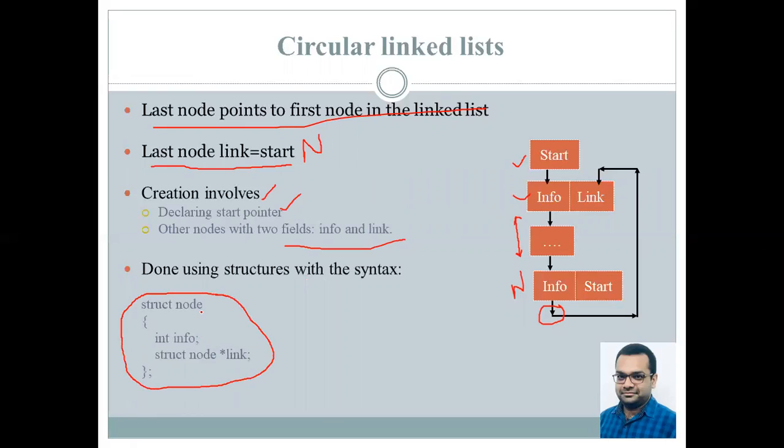It contains the name struct node, that is the name of the node, an information part which is declared of type int, and a link part that contains the address of the next node in the linked list, and it is of type struct node.